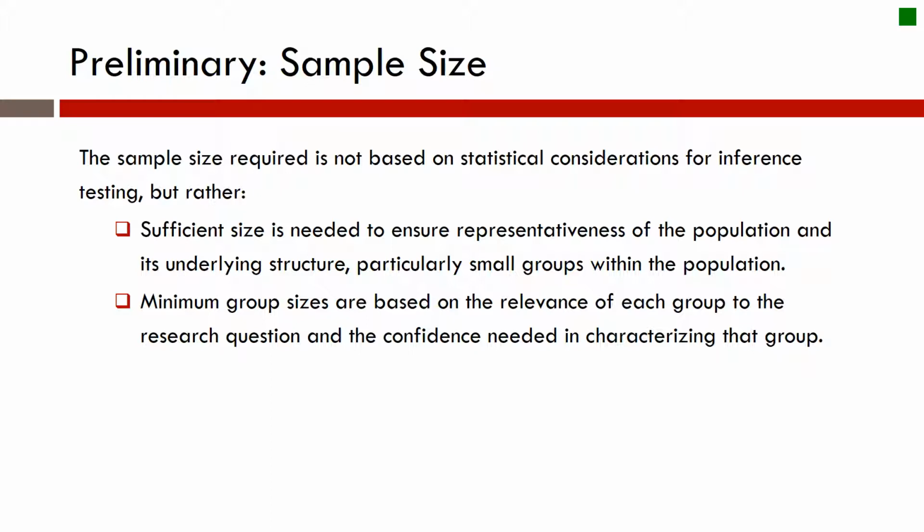So minimal group sizes then are based on the relevance of each group to the research questions and the confidence that we have that those numbers within each cluster are sufficient.